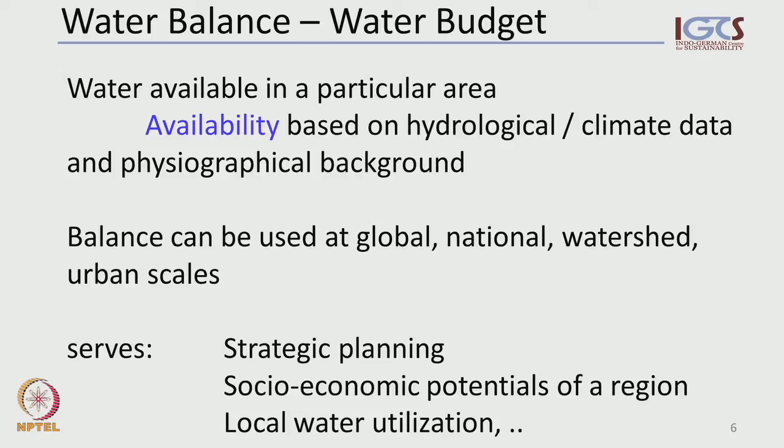Should we go for tourism, for instance, in a particular area, or rather produce cash crops? It could be used to come up with budgets for local water utilization and others. So it's a very basic and very important component of water management.